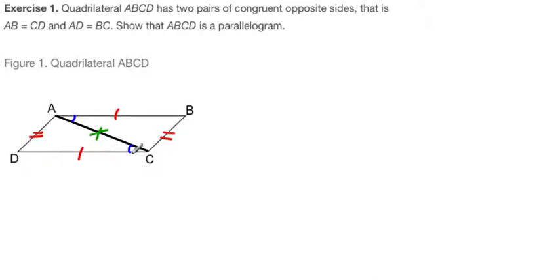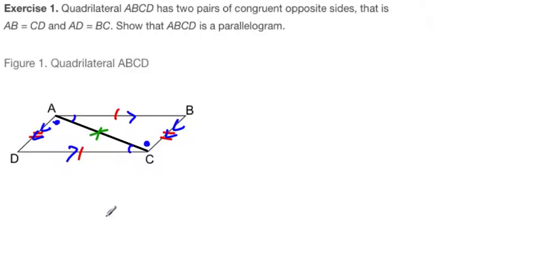Since the alternate interior angles are congruent, these two lines must be parallel. Likewise, angle DAC must be congruent to angle BCA. This tells us that once again another pair of alternate interior angles are congruent between the line AD and BC. That makes this line parallel to this line.